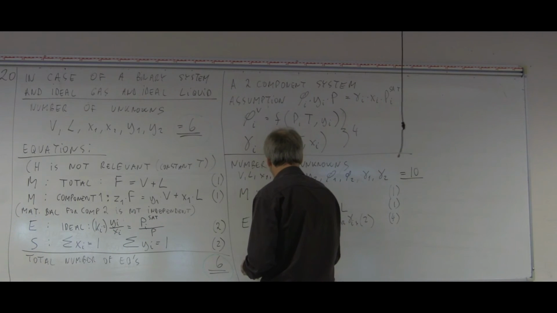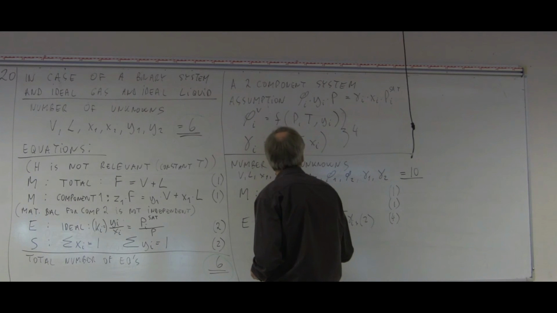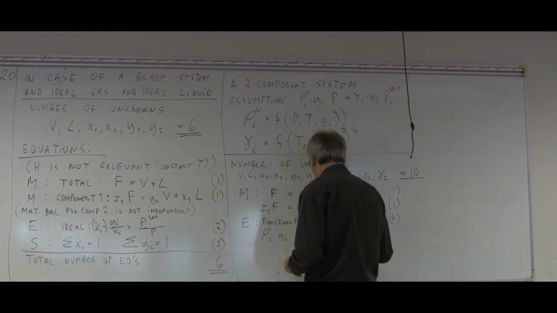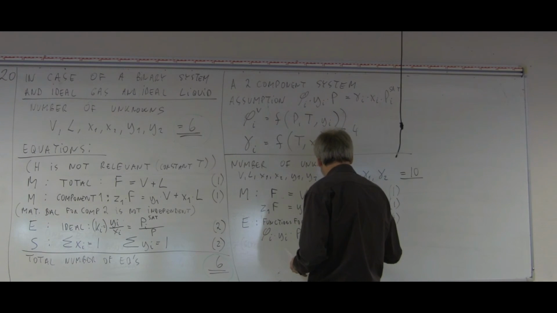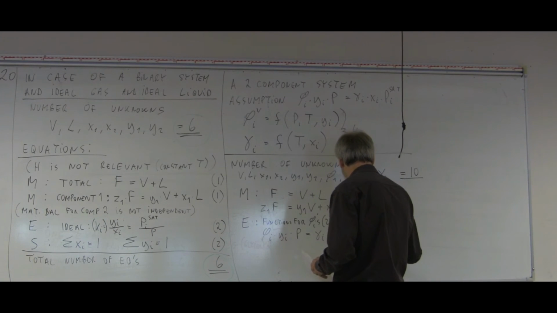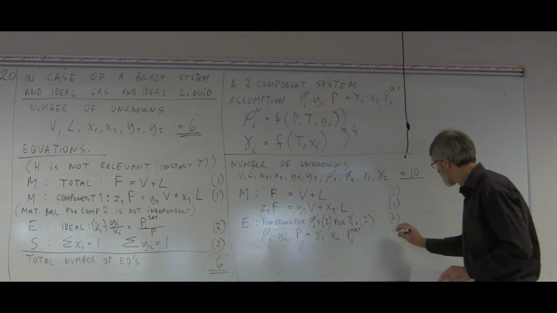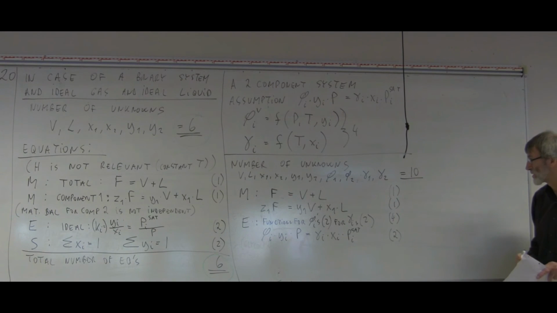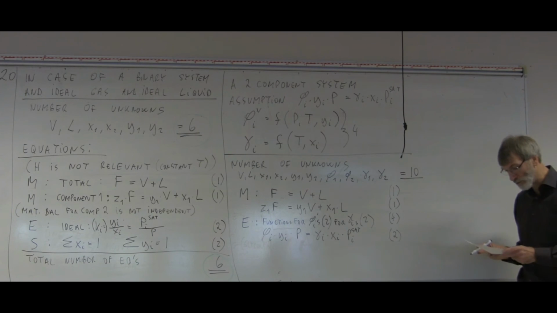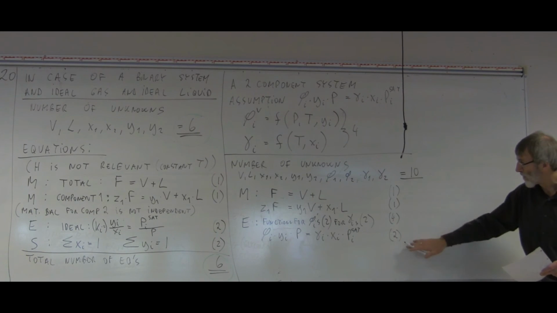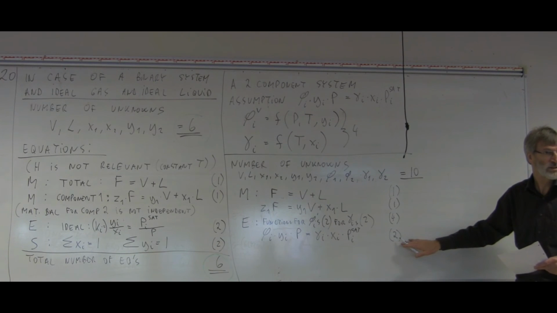So we have phi i times y i times P equals the activity coefficient times x i times P i sat, which are also 2 equations, one for each component. And then we have 10 unknowns and so far 8 equations.